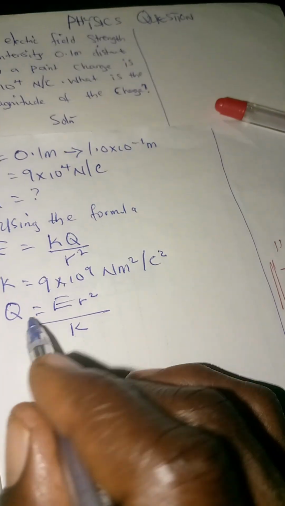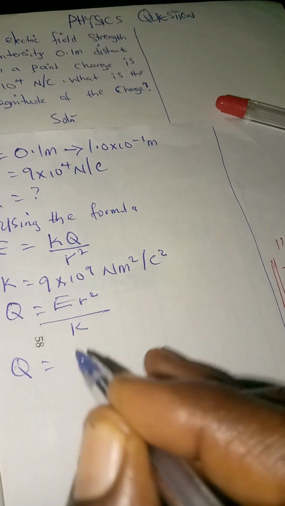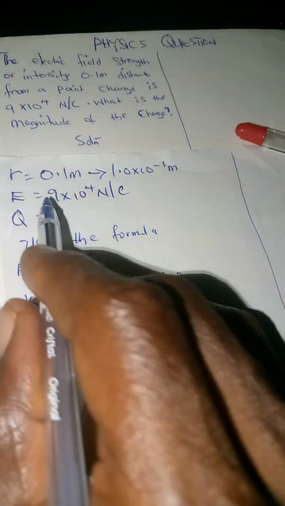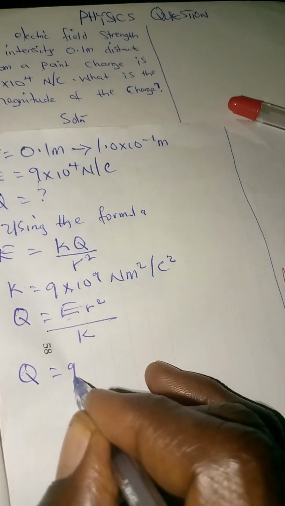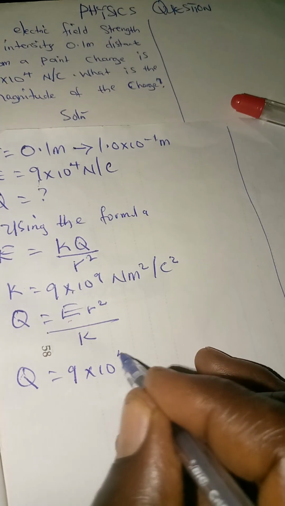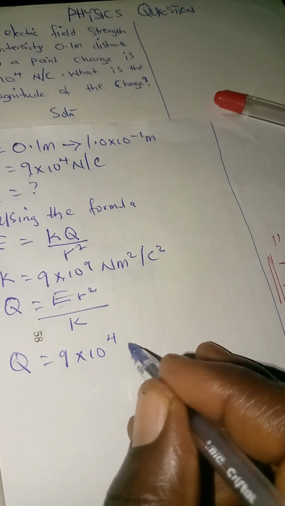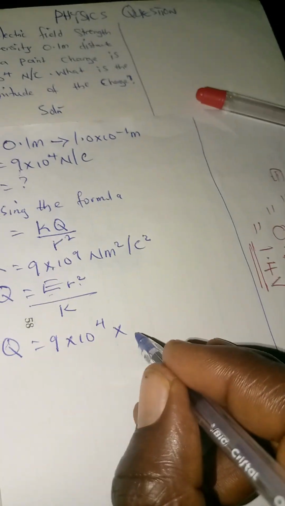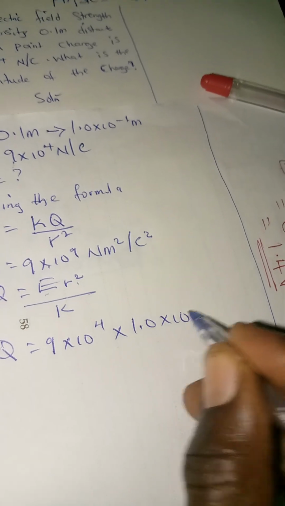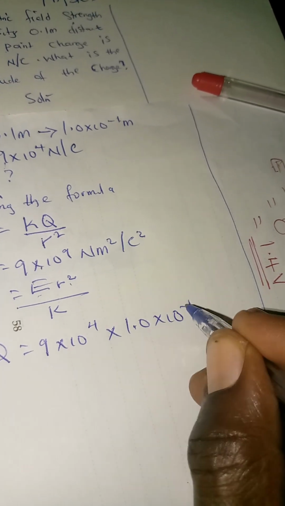So in this case, you can now substitute these values for E, which is 9 times 10 raised to power 4, times R. What is R? R is 1.0 times 10 raised to power minus 1.